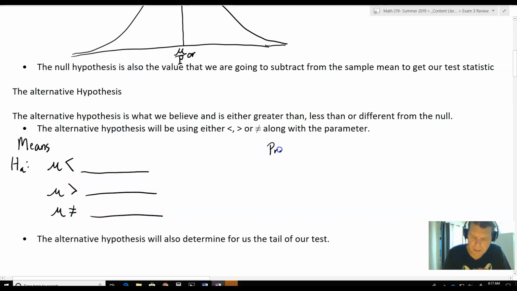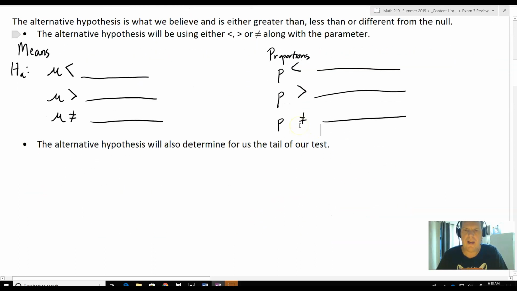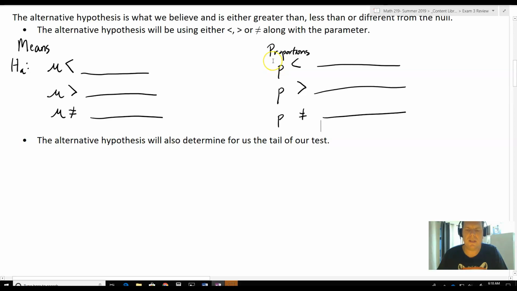And in the case of proportions, we'll be using p is less than a value, p is greater than a value, or p is not equal to a value.